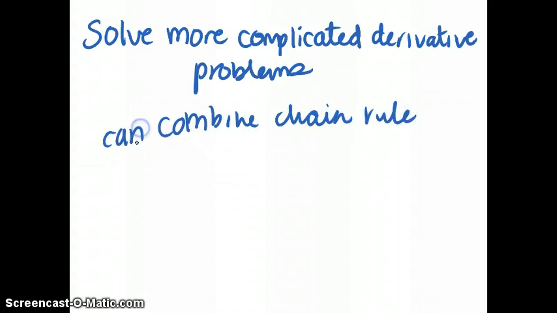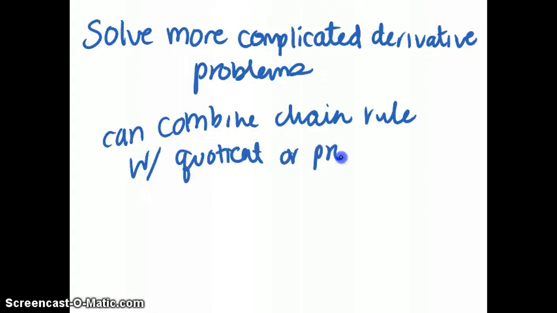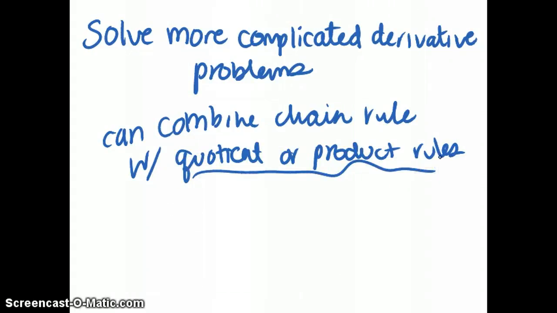You can combine the chain rule with quotient or product rules, as it's relevant. You don't always have to do it, but sometimes it's relevant or necessary. And more often you'll have to do this part first, the quotient or product rule part. And that is the chain rule.